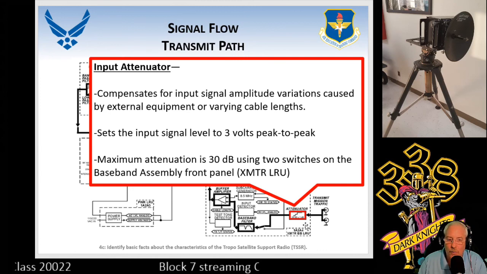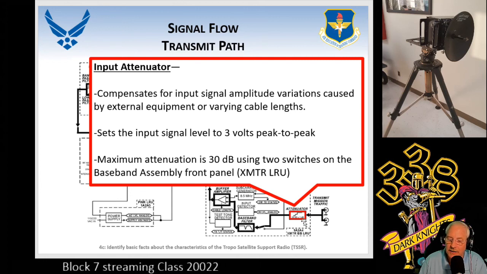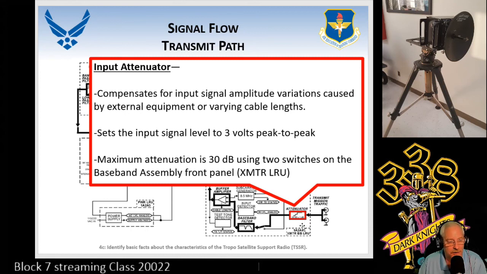What's it used for? Well, sometimes if you got your multiplexer really close to the baseband assembly, then it's probably going to be saturated in the front end of the baseband assembly, so you need this attenuator to bring it down to where it's approximately 3 volts peak to peak. Now, how do you know if it's 3 volts peak to peak? Well, on the meter on your baseband assembly is where you're going to view it.